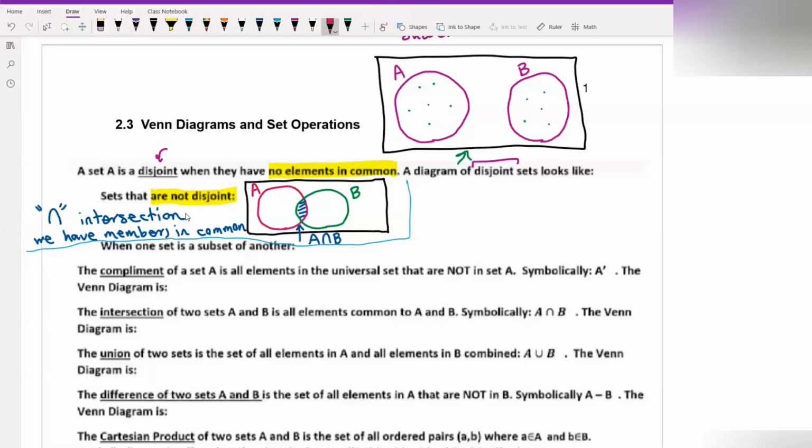Now, next one, when one set is a subset of another one. For this one, I will draw here.